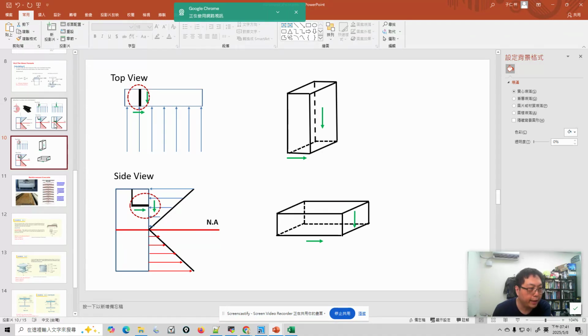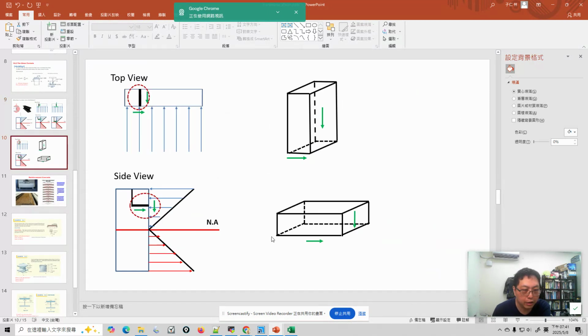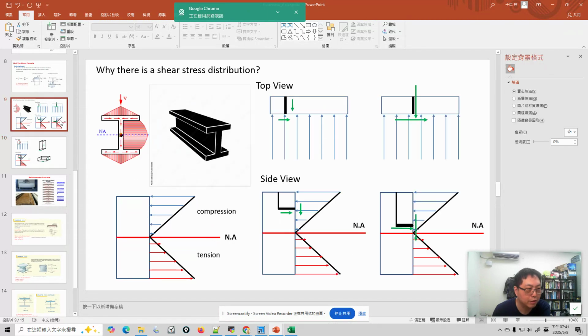No matter whether it is the left hand side or the right hand side, the element size is the same. So when you have larger shear force at the bottom, that means you have larger shear stress, because the element size is the same on the left and right.